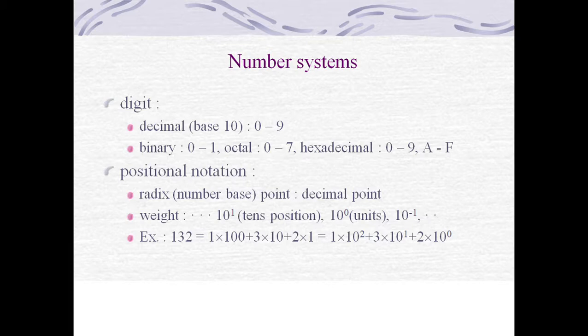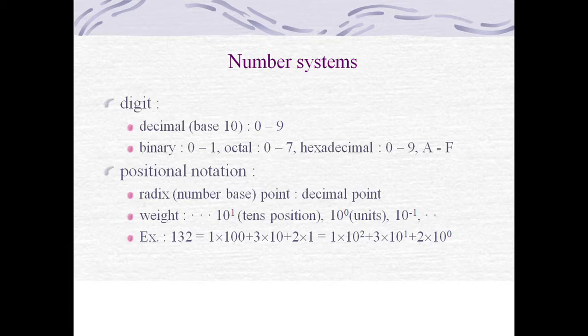There are some notations, called positional notation, to represent a number in powers or weights. There is a radix point, or number base point, which is also called the decimal point. Normally, this decimal point is used to represent floating point numbers or fractions.